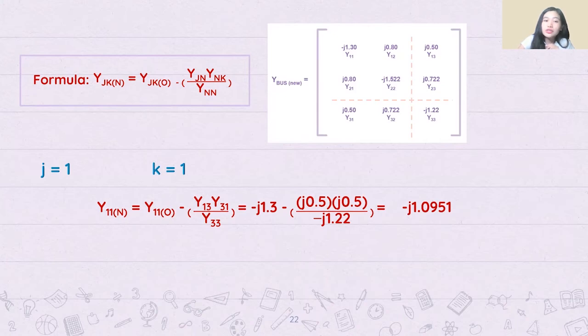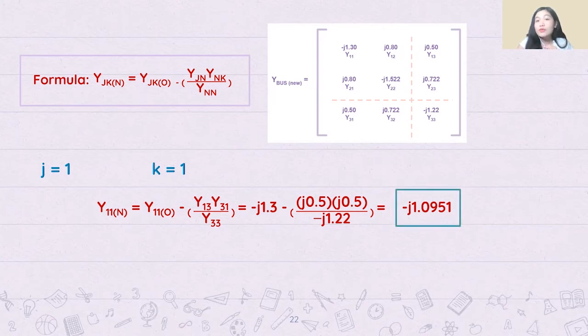Substituting in the equation, that is negative j 1.3 minus j 0.5 times j 0.5 all over negative j 1.22. So where do our values come from? From the matrix. You can refer to the matrix, where we can see y sub 1,3, y sub 3,1, y sub 3,3, and our y sub 1,1. Okay? Calculating the answer to this equation, that's negative j 1.0951.